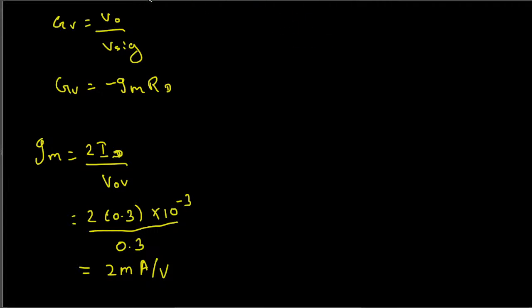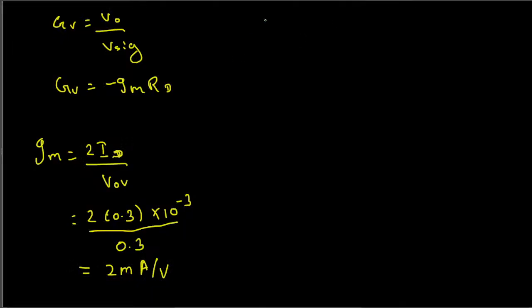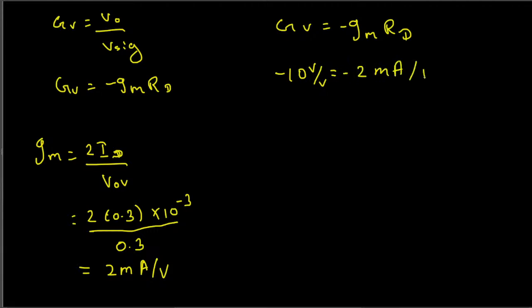Now we can apply it in this equation and solve for Rd. The expected Gv is given in the question, that is minus 10 volts per volt. So I'm bringing this equation, Gv equal to minus Gm Rd, and for Gv I plug in minus 10 volts per volt, and for Gm, 2 milliampere per volt, and then Rd.